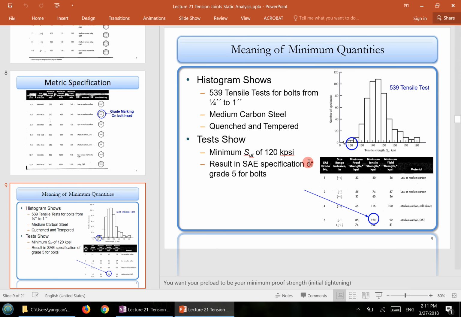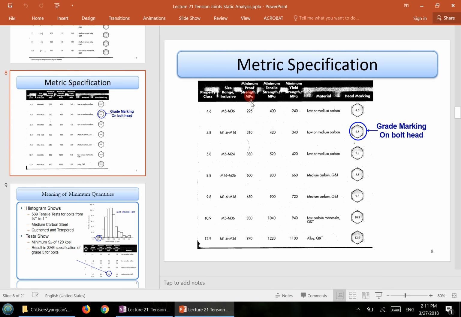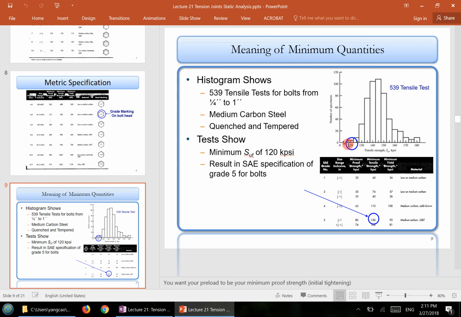Another thing I pointed out a long time ago: why do they call these values minimum? If they manufacture a batch of bolts and test them, there is a distribution of test results, and the value given to the customer is the minimum value of that distribution.